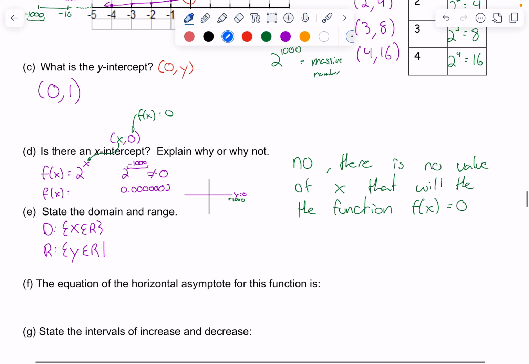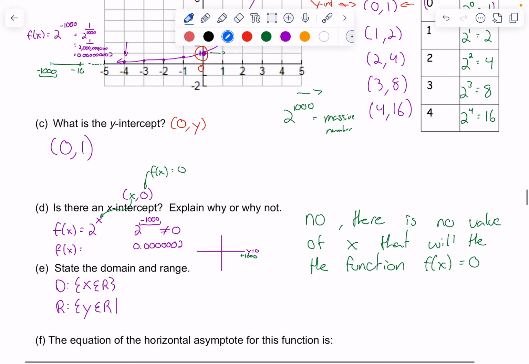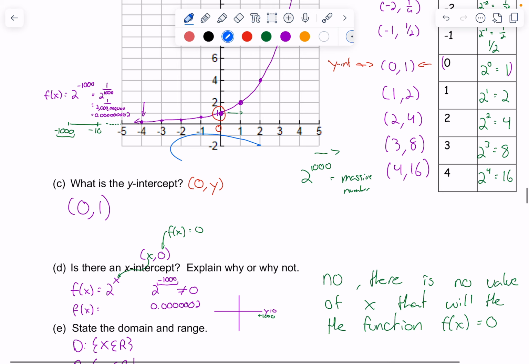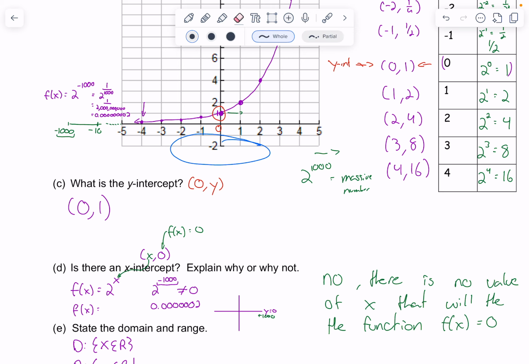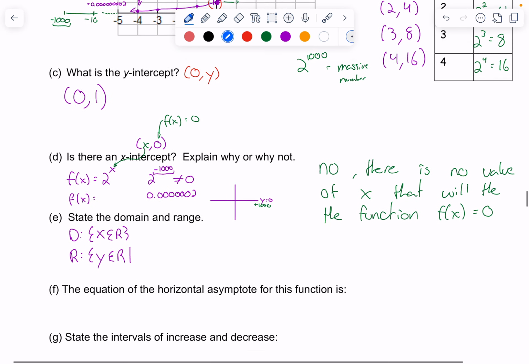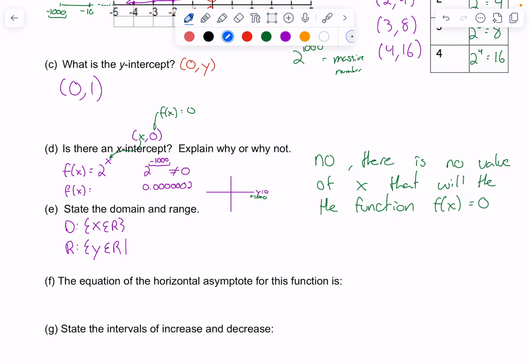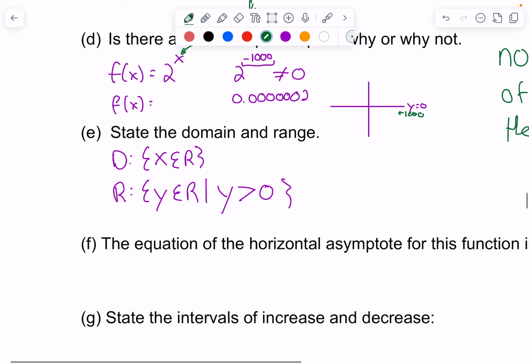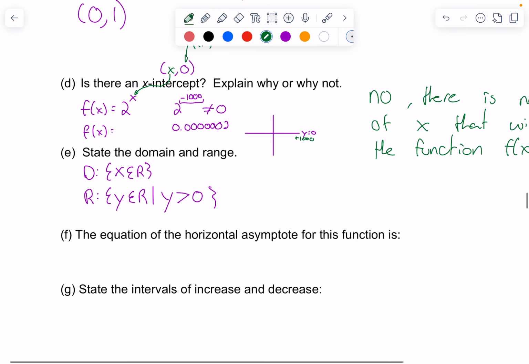We literally said the function can never equal 0. This function will never go down here. It will never be below 0. There is no value of x that will cause your function to turn negative. So your y's always have to be bigger than 0. And notice that I did not put an equal sign here. It's just bigger than 0.